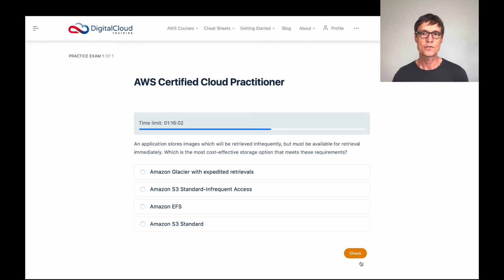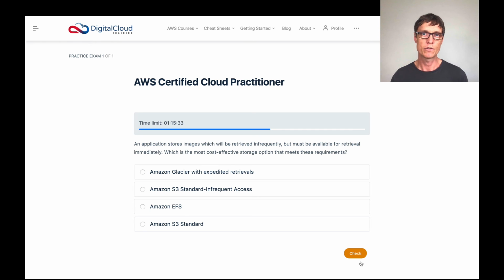The next is S3 Standard Infrequent Access. Well, the question is asking for cost-effective and data that needs to be retrieved infrequently, so this kind of fits the bill. Infrequent access is cheaper than standard. It's designed for when you don't access the data very often, but it is, just like S3, a way that you can access your data immediately. So you can still see it in the bucket. You just pay a lower cost for it.